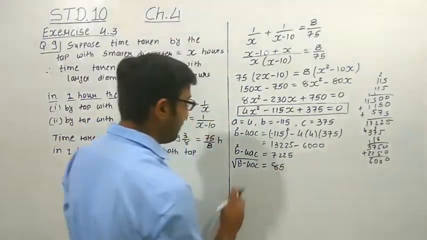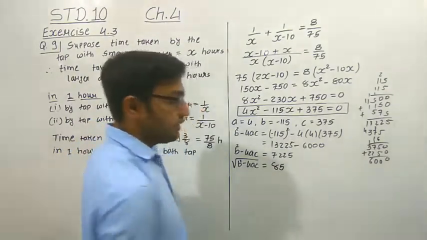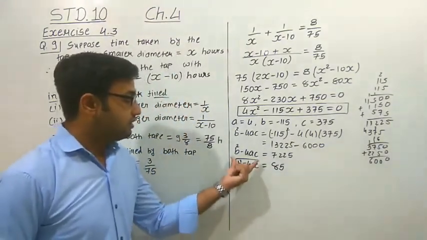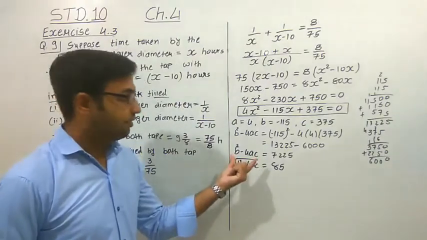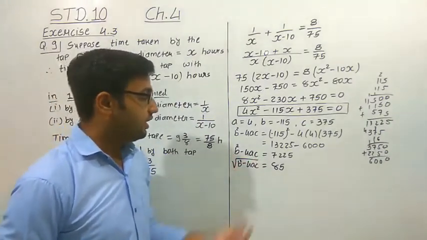So 85 is the square root of B square minus 4AC. We can also call B square minus 4AC the discriminant. So the square root of the discriminant is 85.